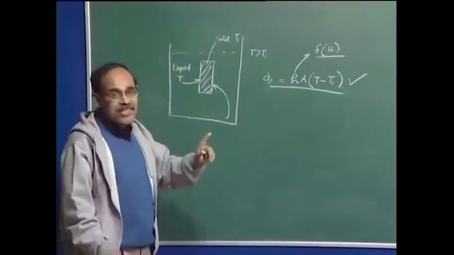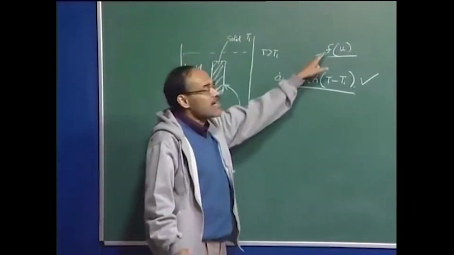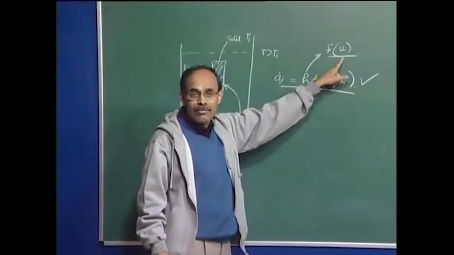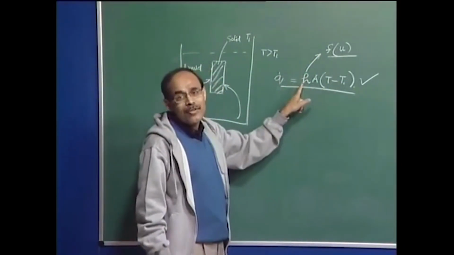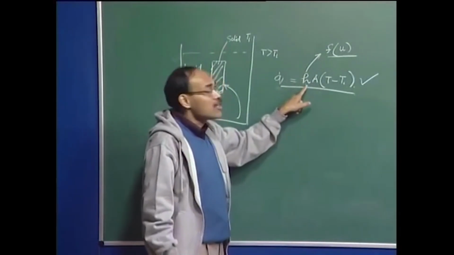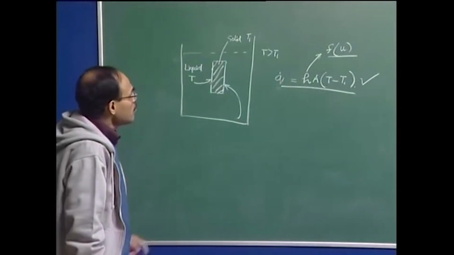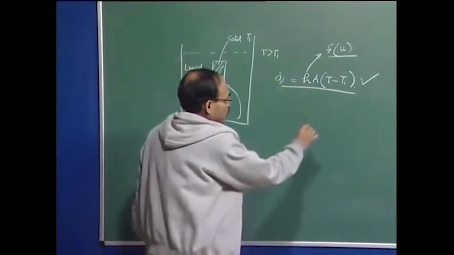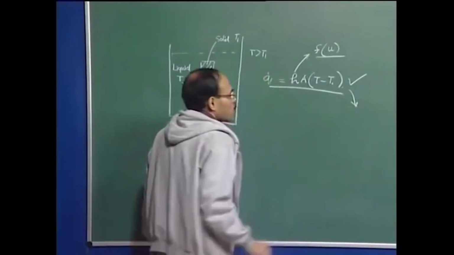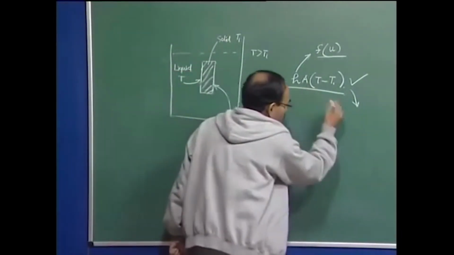But the task now is how do you obtain the heat transfer coefficient, which is a function of fluid flow. The influence of fluid flow comes into the picture through this term, small h, and the results are expressed in terms of where h is obtained from.